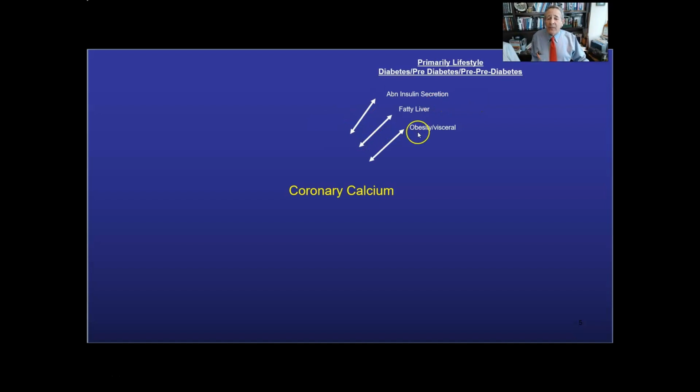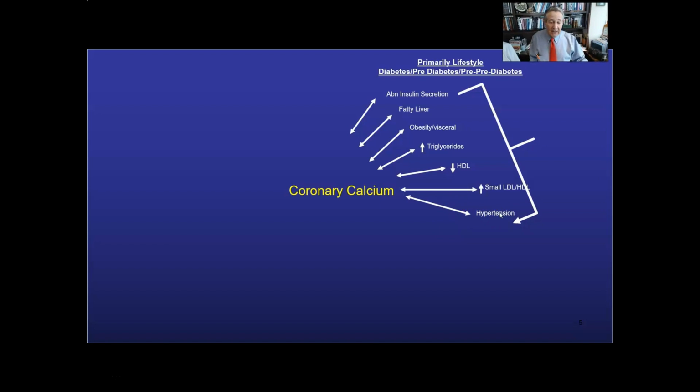The fat overflows to obesity, mainly visceral obesity, and the fat also overflows from the liver into the bloodstream, increasing triglycerides, eventually decreasing HDL, and causing small LDL and HDL particles, which cause atherosclerosis. Because of the salt retention blocking nitric oxide, we also have high blood pressure.